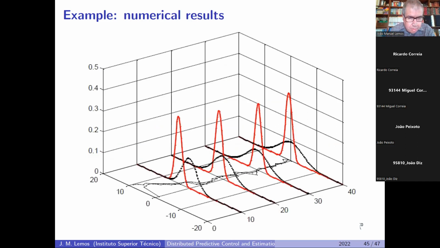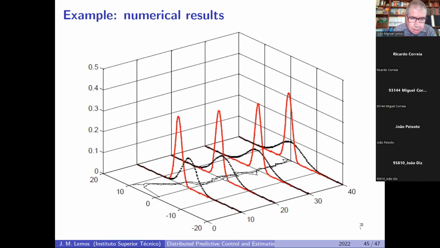This is an example where you can use those formulas. The axis that goes to the right is time, and the axis between minus 20 and 20 is the state. I don't have the numbers here, but on the vertical of this plane you have the densities. This line that starts at 10 is the true state.